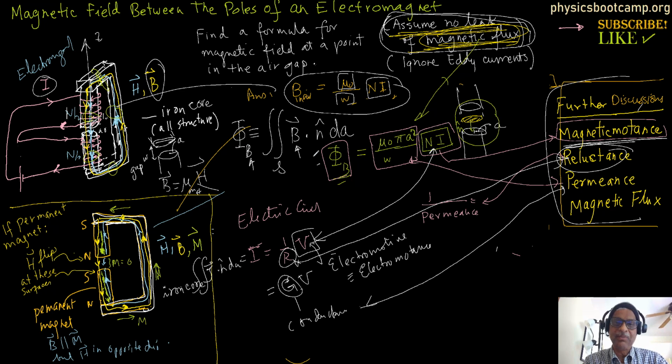You can say this comes from integrating B dot n dA, so B is analogous to J. You can think of magnetic circuits or magnetic field as making a circuit, just like a current makes a circuit. There is a similar language, not the same physics, very different physics, but similar language that one can use.